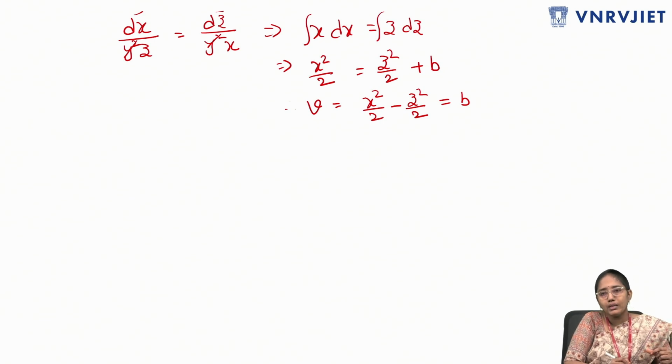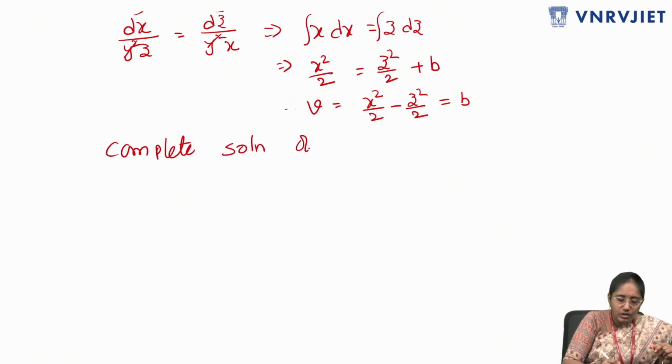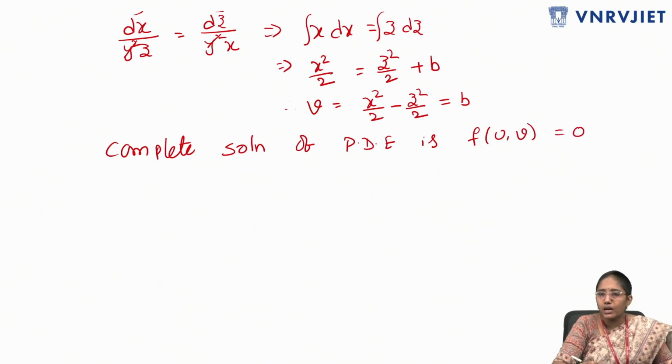Now we need to write the complete solution. The complete solution or complete integral of the given partial differential equation is expressed as f(u, v) = 0, or u = f(v), or v = f(u). In any way you can express it. Here I am taking f(u, v) = 0.